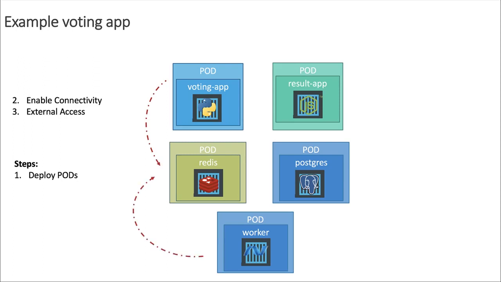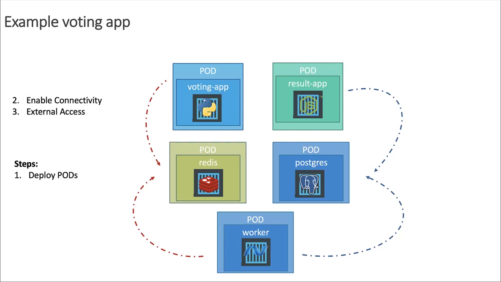The voting app saves the vote to the Redis database, and the worker app reads the vote from the Redis database. We know that the PostgreSQL database is accessed by the worker app to update it with the total count of votes, and it's also accessed by the result app to read the total count of votes to be displayed in the resulting web page in the browser.